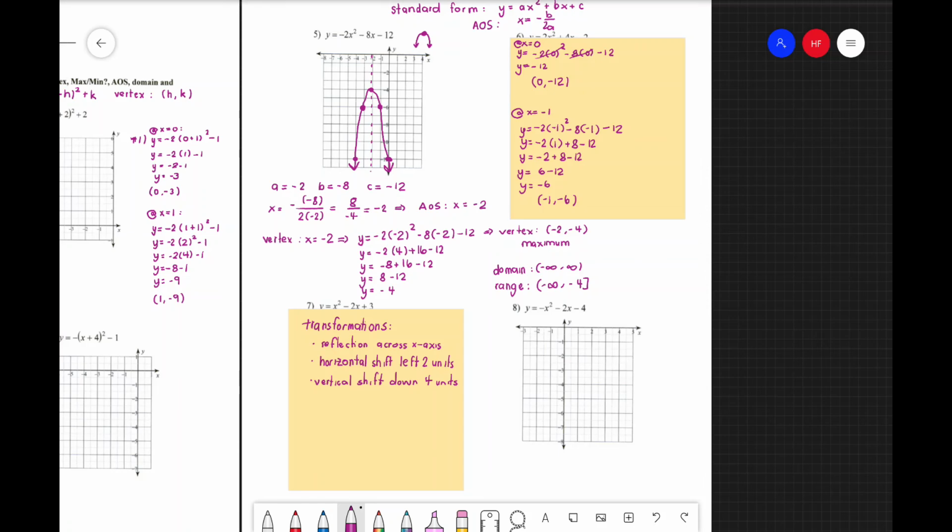So think about the parent function. If I reflected the parent function and moved it over left 2 and down 4, would the other points be where they are? And I know that's a little confusing. So let me see if I can make it make a little more sense.